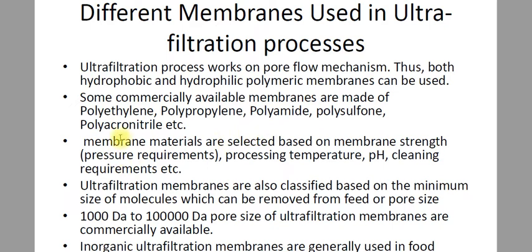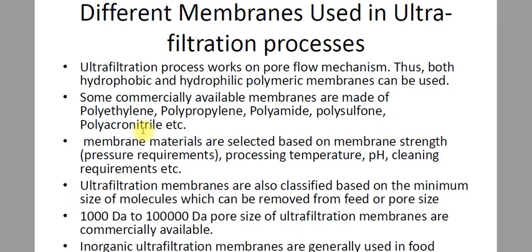Some commercially available membranes are made of polyethylene, polypropylene, polyamide, polysulfone and polyacrylonitrile. So a wide range of polymers can be used in the ultrafiltration membrane. Basically the membrane material depends upon the process, and upon the strength of material you require.